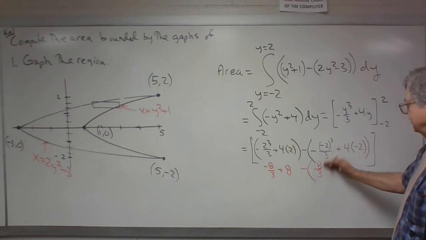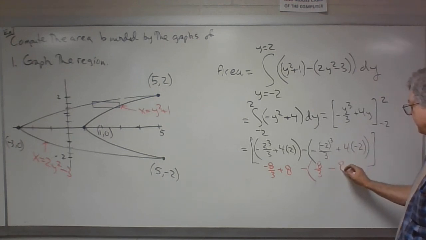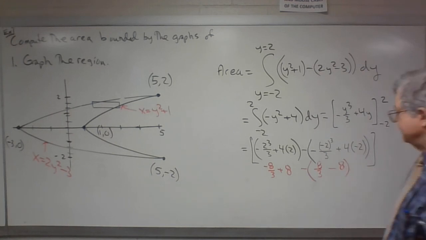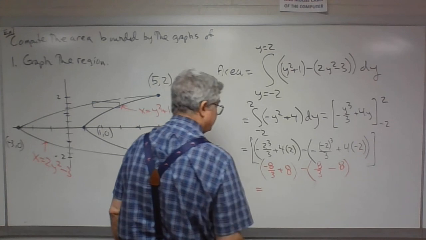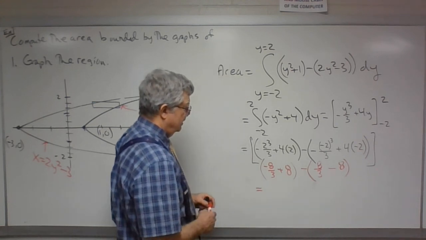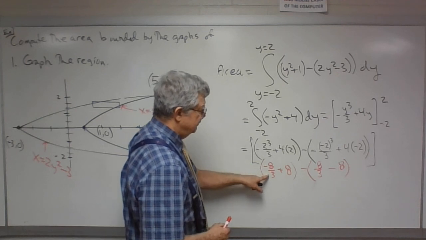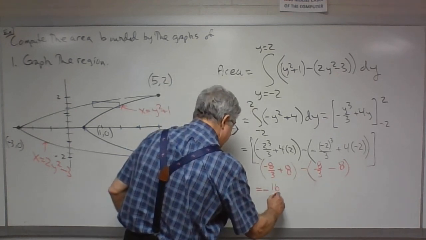Whoops. Minus 8. Negative 8 thirds minus 8 thirds is negative 16 thirds.